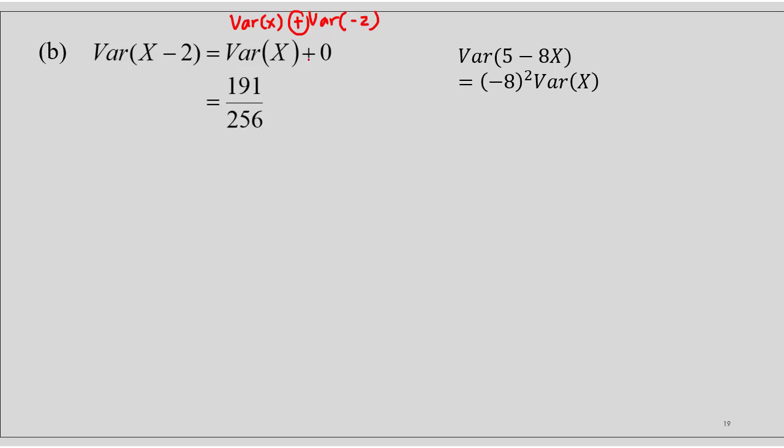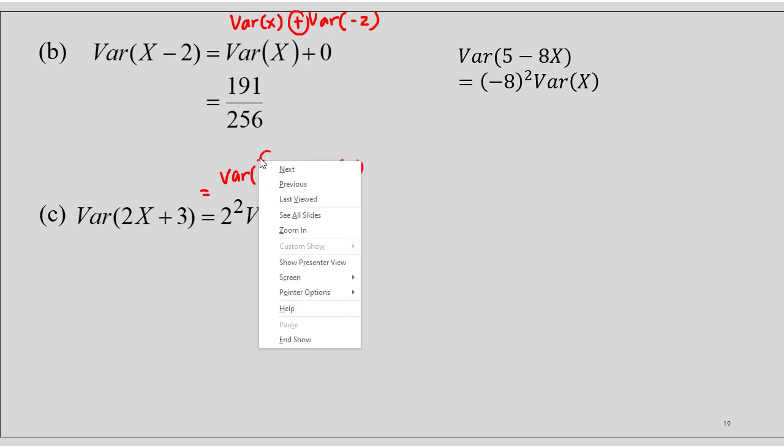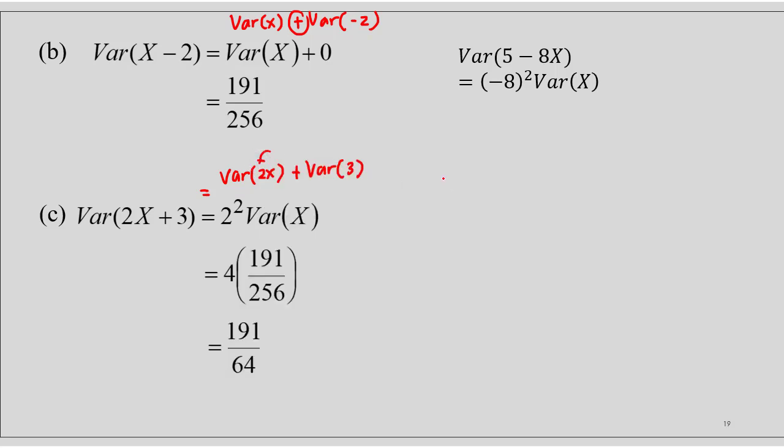So the answer is equivalent to question A. For question C, variance of 2X plus 3 equals variance of 2X plus variance of 3. The 0, you don't need to write anymore. So it will be 4 times the variance of X, because you have to square the coefficient of X. You get the answer in terms of a fraction. Normally we leave it in fraction form as an exact value.